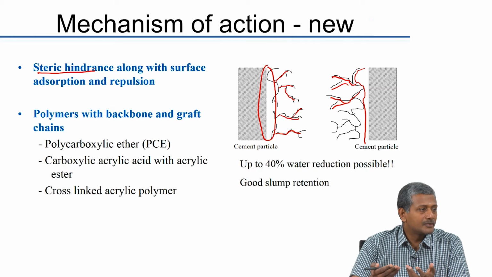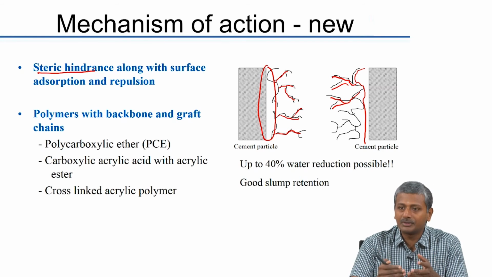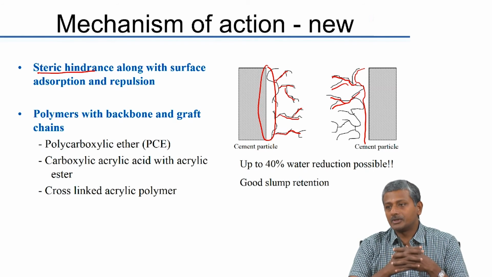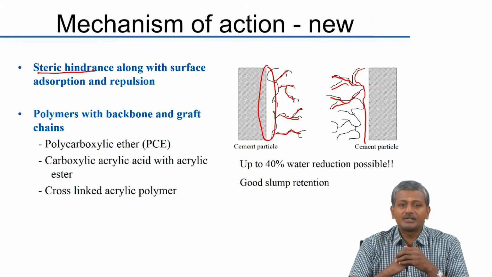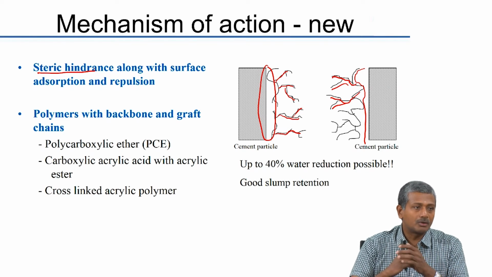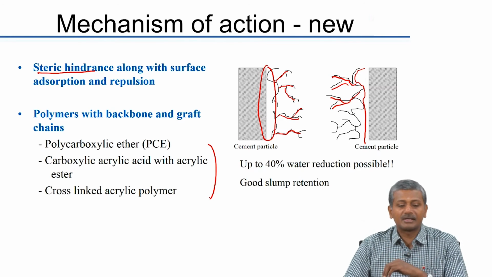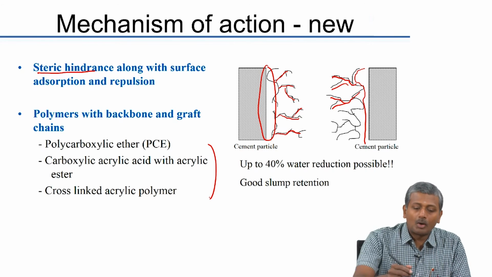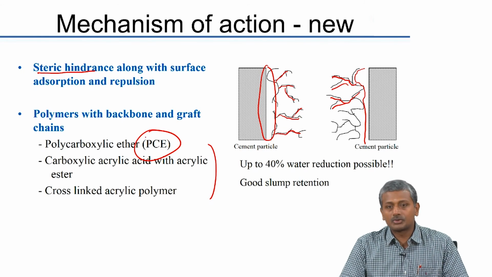The hydrates will start filling up the structure and then your charge will go down. When water starts reacting with the cement, your charge will diminish. But here the effectiveness of the chemical will last for a longer time because you are not relying on that charge. So, these are essentially the kind of chemicals that will have this type of action, polycarboxylic ether, which is the most common new generation admixture used today.